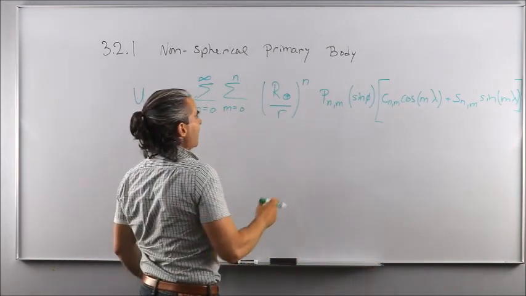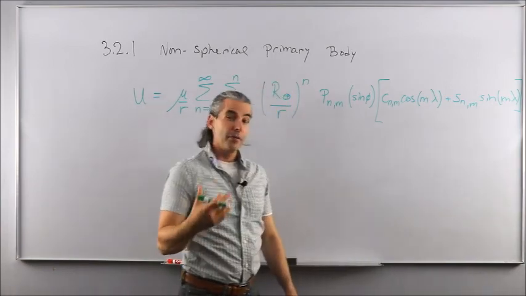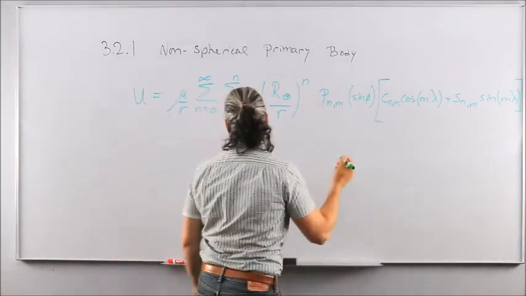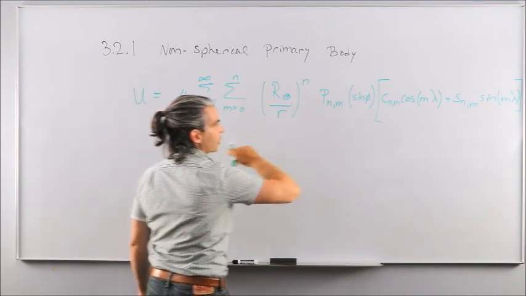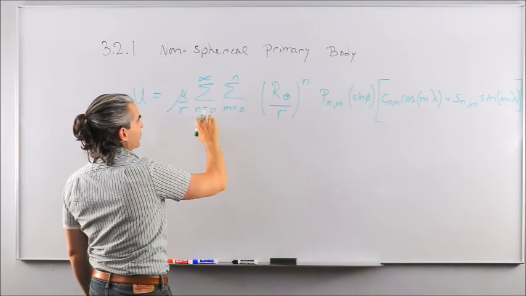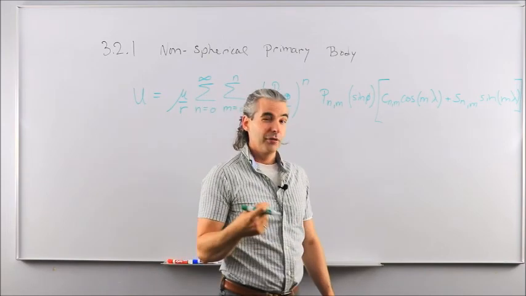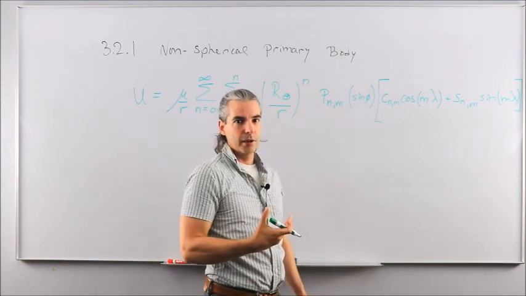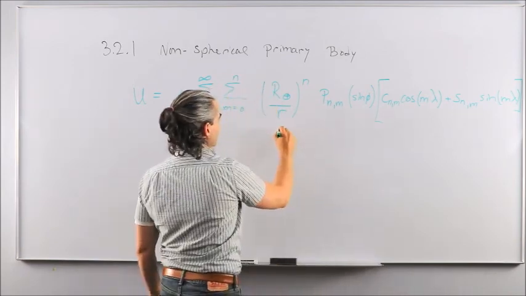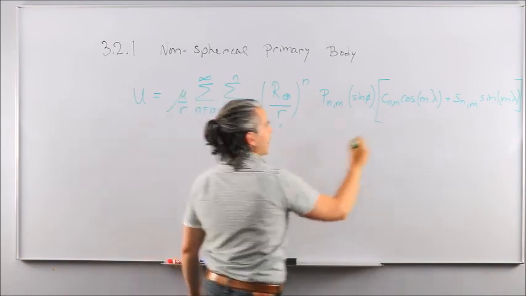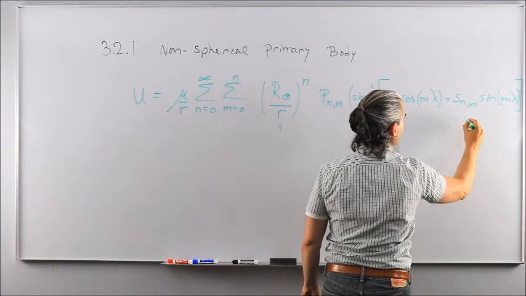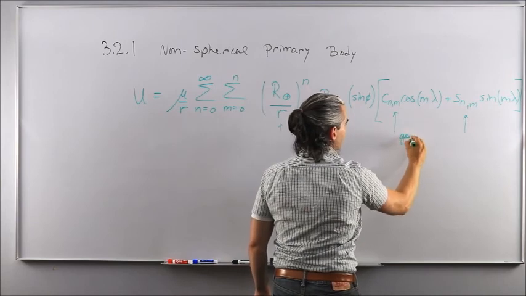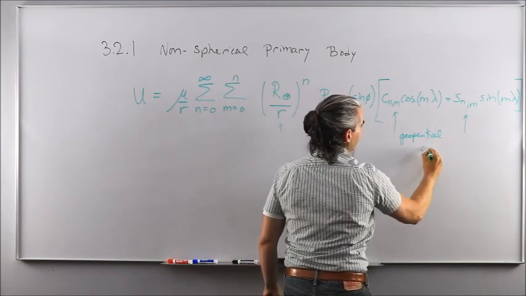So essentially, if you would like to generate a very accurate potential field of an arbitrary shaped gravitational primary body, then you could very well perform the double summations all the way to degree and order, say 100. And that would give you a very accurate effect of the primary body attracting the spacecraft, depending on the current spacecraft distance from said primary body, and depending on the actual primary body internal mass distribution, which is quantified through those geopotential coefficients.